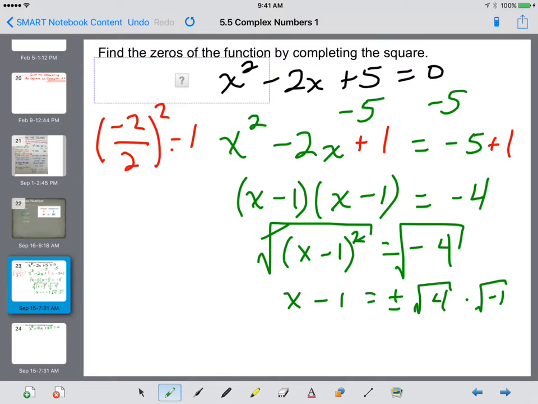Okay, so x minus 1 equals plus or minus 2. Square root of 4 is 2. The square root of -1 becomes i.